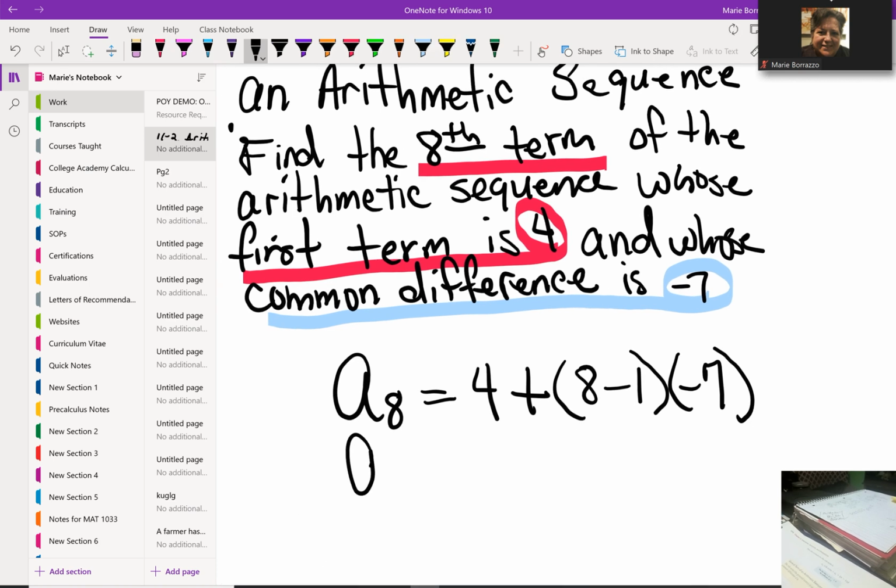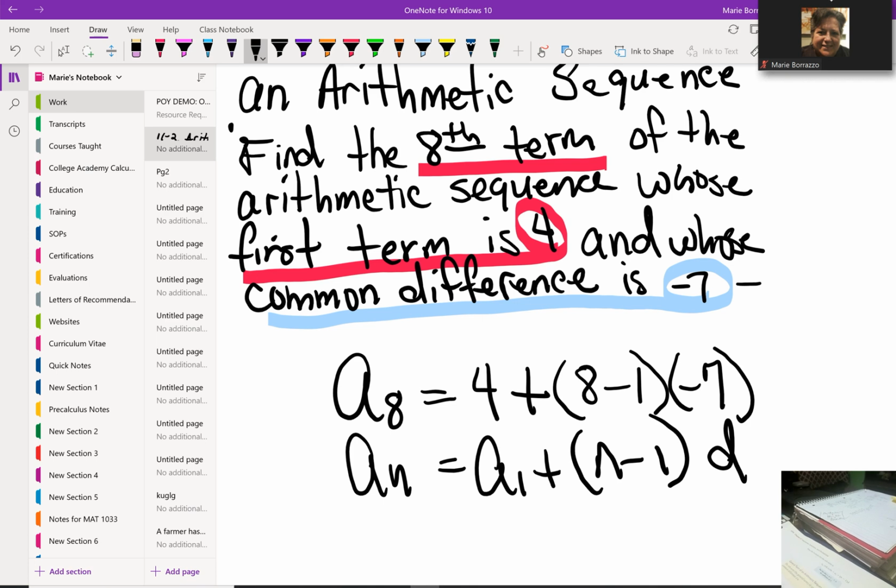So let me parallel some consistencies here. Remember that this is a sub n equals a sub 1 plus n minus 1 times the common difference. Well, the common difference, that's d, that's given to you here, so this is our d, negative 7.